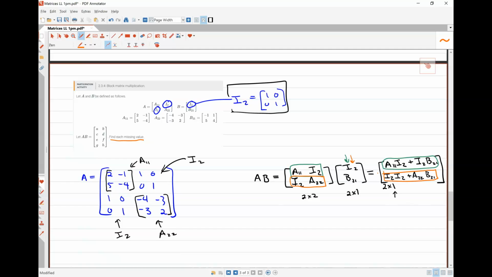Okay, so now let's sort some of this out. When we multiply by I2, nothing changes.